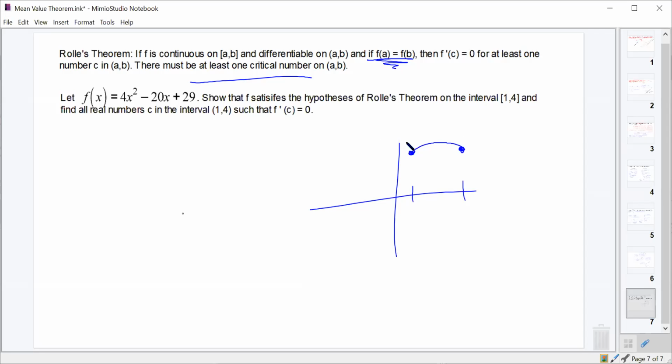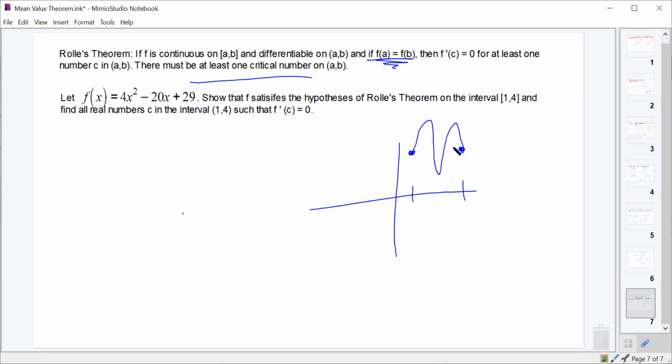Is there a place where the derivative is 0? Yep. What if I do it like this? Is there a place where the derivative is 0? Yes. What if I do it like this? Is there at least one place where the derivative is 0?